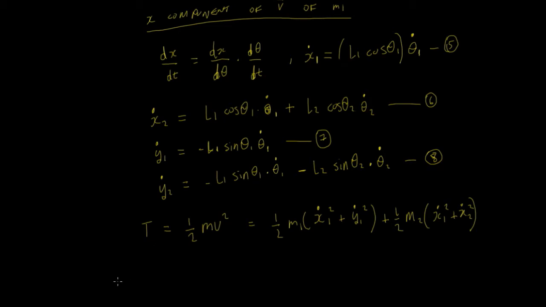So if you bear with us here, we'll put these in. T is going to equal a half m1 times x1 dot squared, that's that one there, squared. If you go to put all these in, I'll just write them in here and you can always check them yourself.